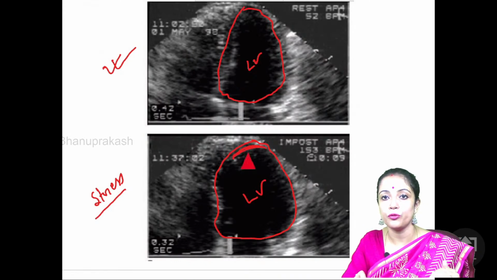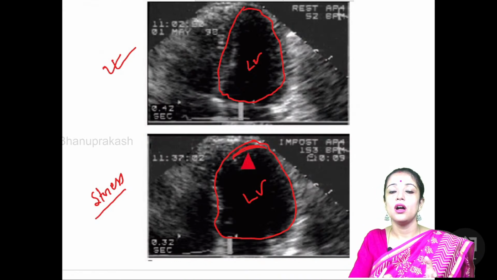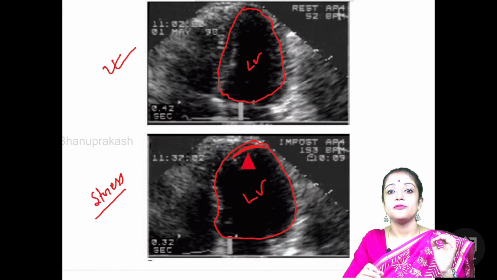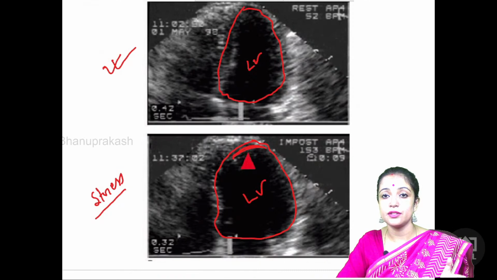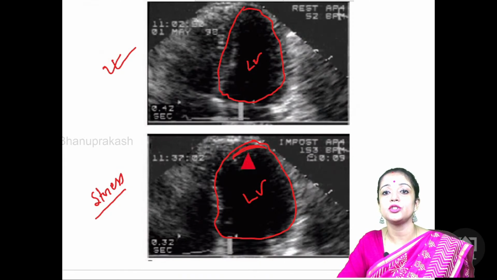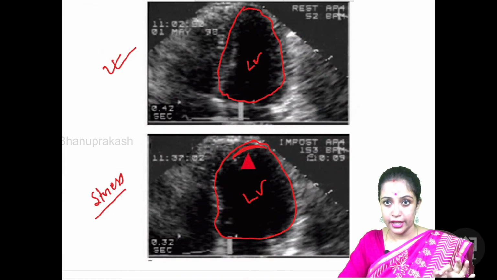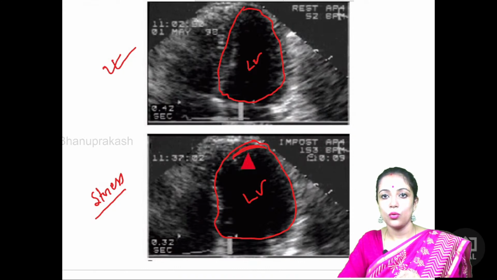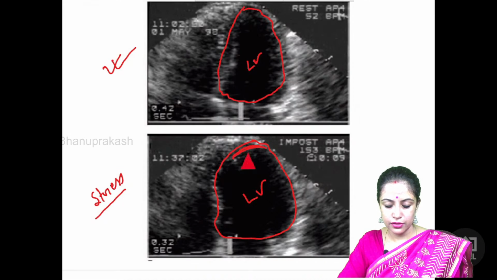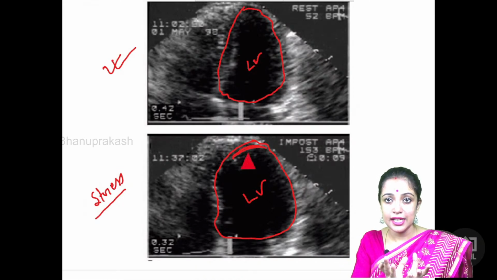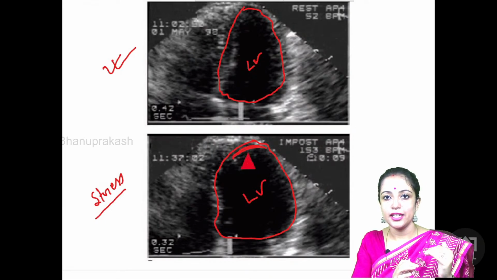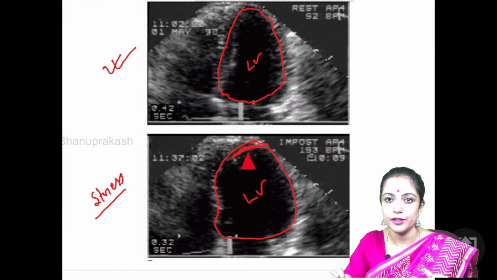Dyskinesia means reduced movement. This stress echo was done in a 45-year-old male who was otherwise very fit but had typical angina. It was found that there are ischemic changes in stress, for example dilatation of the LV cavity and also dyskinesia in the apical segment of the left ventricle.